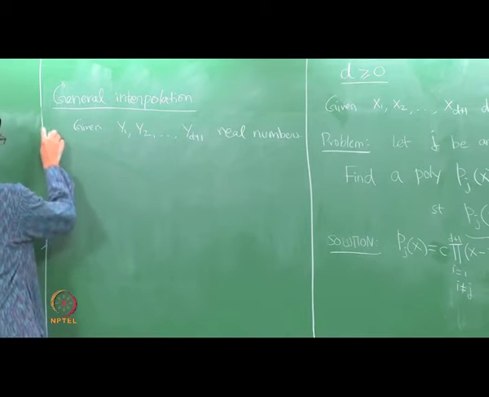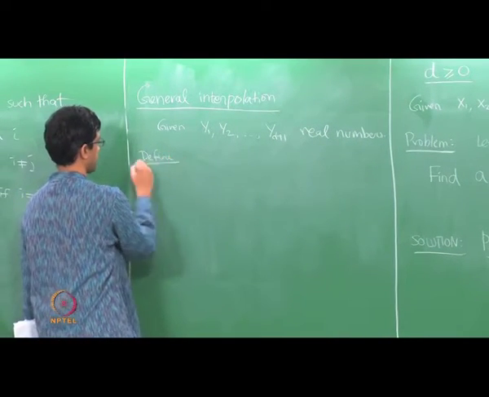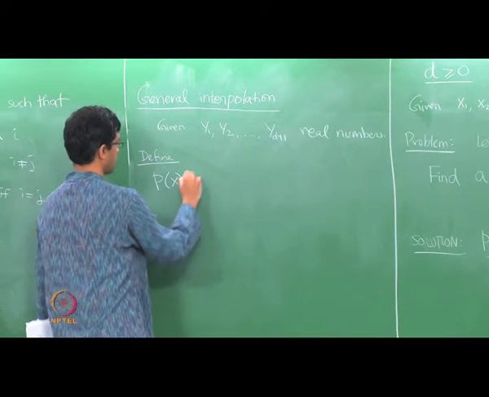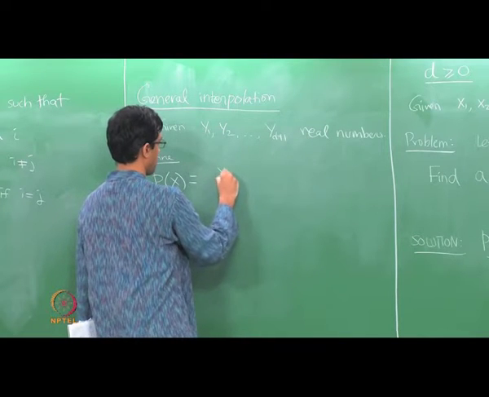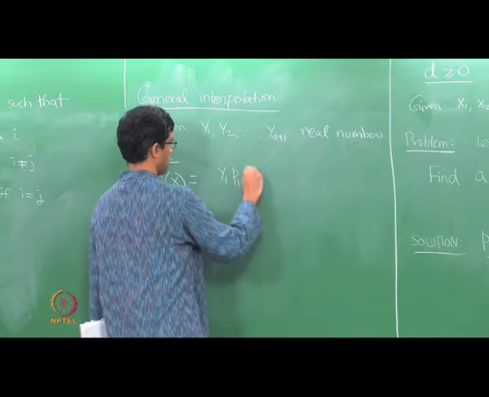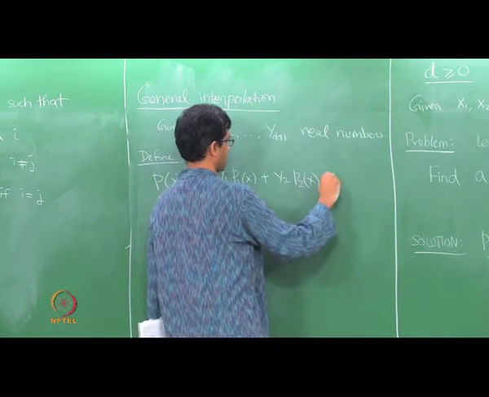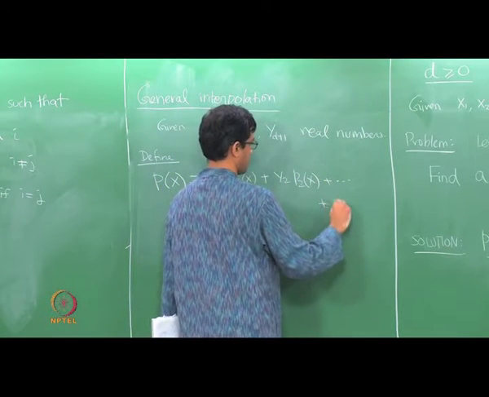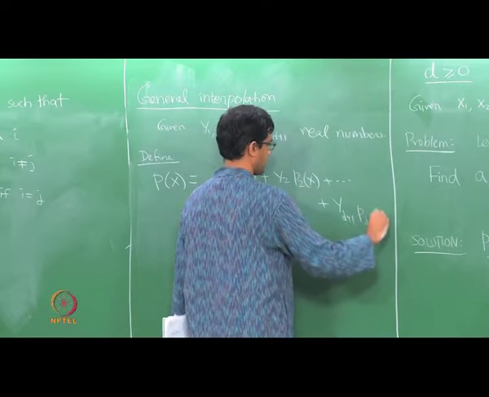Okay. So what we do is define a polynomial p of x. Well, we know all p1 through pd plus 1, you just say it is y1 times p1 of x plus y2 times p2 of x, till yd plus 1 times pd plus 1 of x.